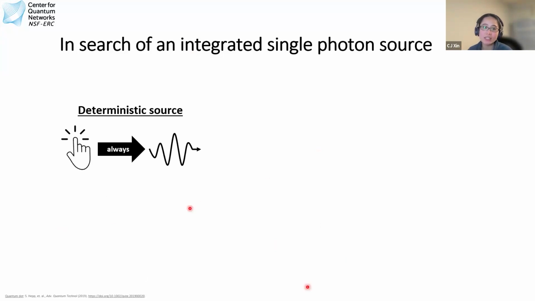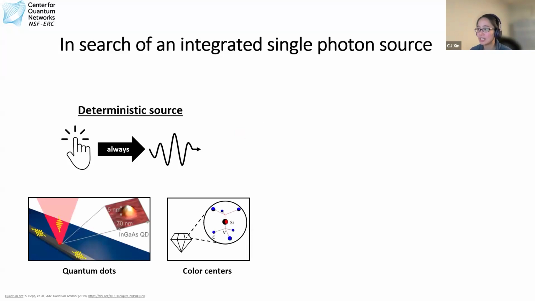In integrated photonic platforms, we're usually interested in atom-like things in solids, because usually we want to make integrated photonics out of solid things. Those are just easier to work with. And the leading candidates are quantum dots and color centers, which, when you break it down, you can treat like just a level system, like in an atom.